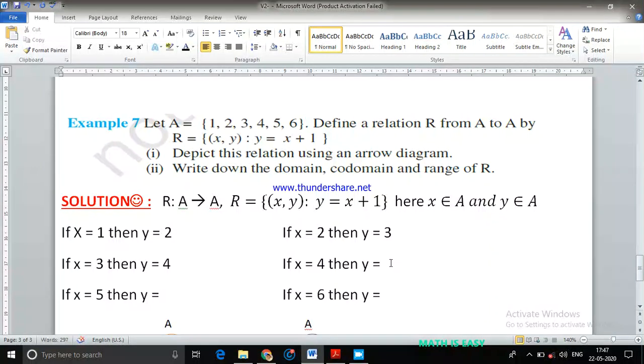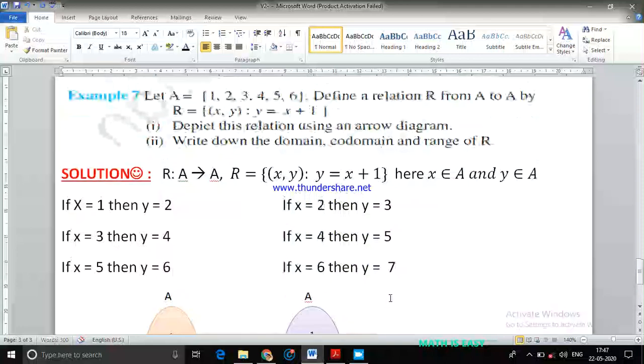If x is 4, 4 plus 1, y is 5. If x is 5, 5 plus 1 is 6. If x is 6, what do you get? 6 plus 1 is 7. But is 7 an element of A? A has the elements 1, 2, 3, 4, 5, 6 only. If you only want to write the y value, then y is 7, no problem.